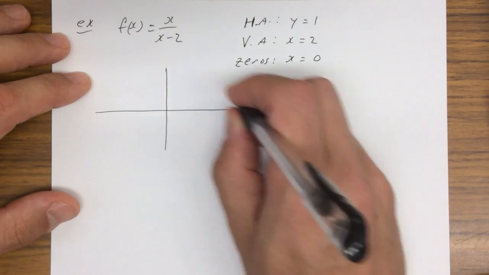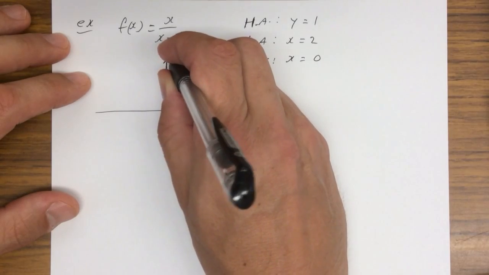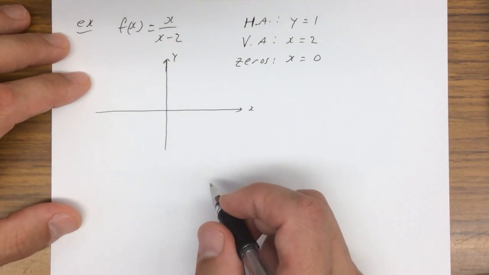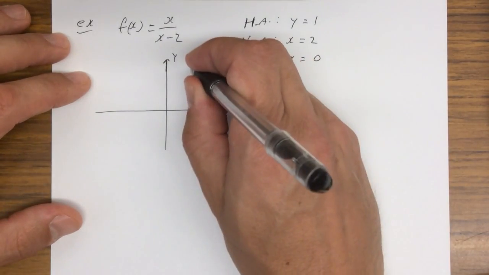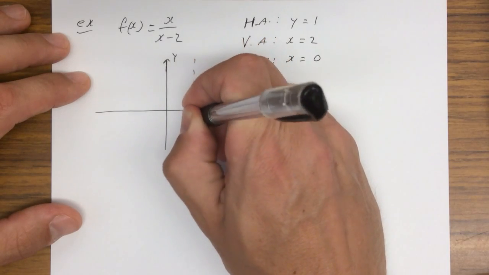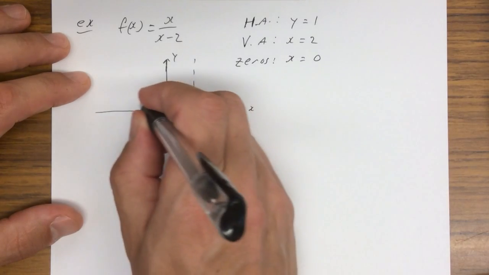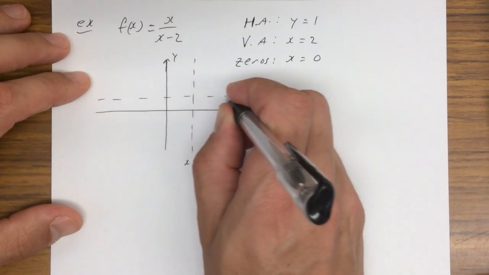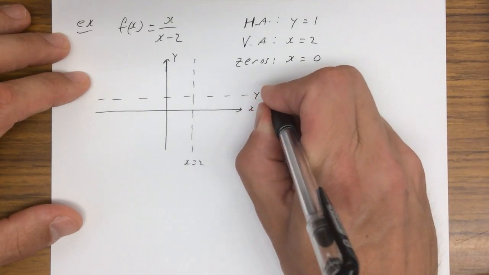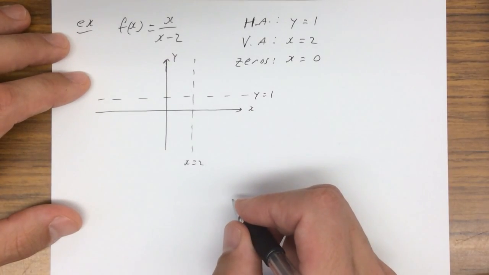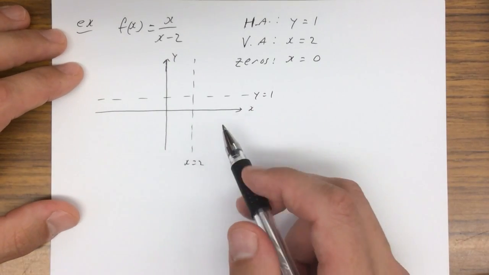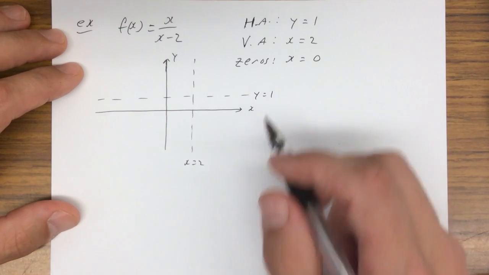Okay, so x, y-axis. The vertical asymptote at x equal to 2. Horizontal at y equal to 1. So y equals 1. And then now we've got to figure out what's going on with the rest of this.